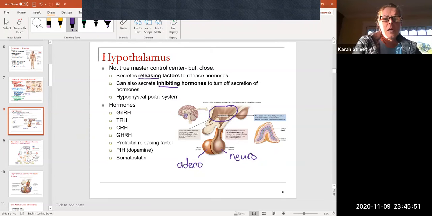For example, I'll use this one, GHRH. The hypothalamus makes growth hormone. That's the G. H is hormone, releasing hormone.